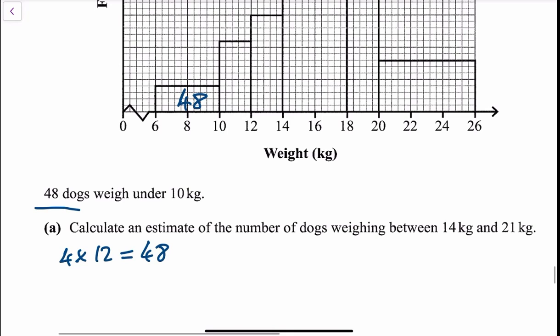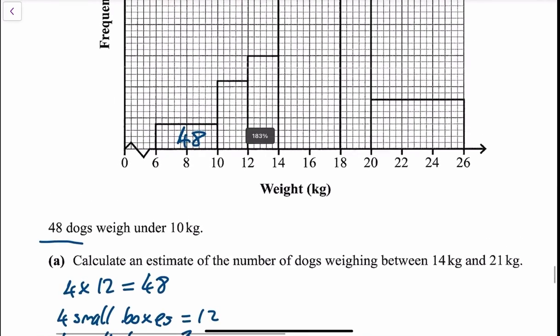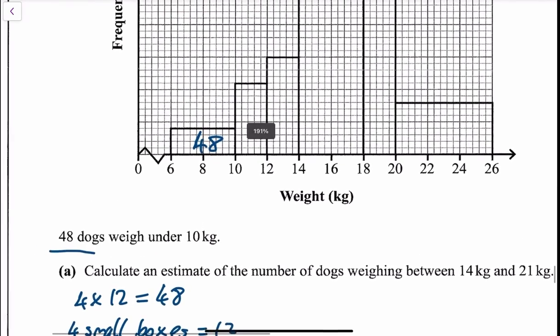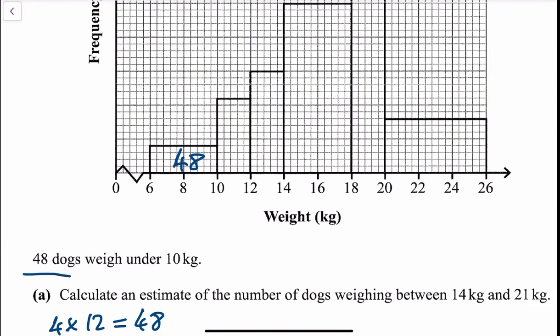So that means 4 small boxes equals 12. So 1 small box is 12 divided by 4, which is 3. Okay, which means 5 boxes is going to be 15, so that's going to be 15 there.